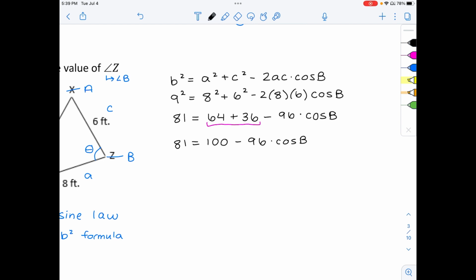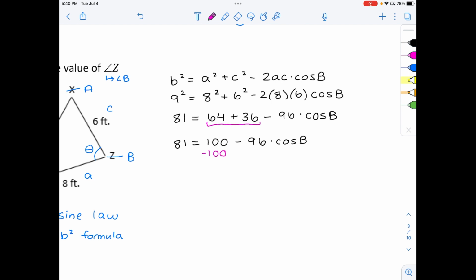Now I need to undo everything that's happening to B so that I can isolate it. Right now, B has the cosine function being applied to it, then it's being multiplied by 96, then it's being subtracted from 100. That's how you would solve in BEDMAS order, but to isolate, we're going to go reverse BEDMAS. So the first thing we always do is subtract the first number here.